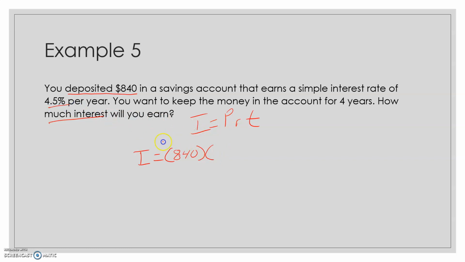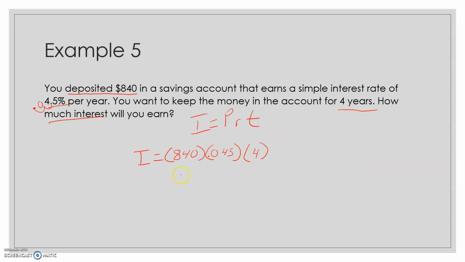We don't just write 4.5%. We move our decimal back 2 places, and so that becomes 0.45 when we actually put it into our problem. Or sorry, 0.045. And then T is our time in years. So we've got 4 years, and so T is 4.